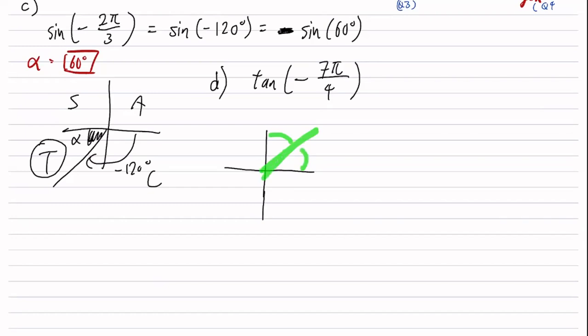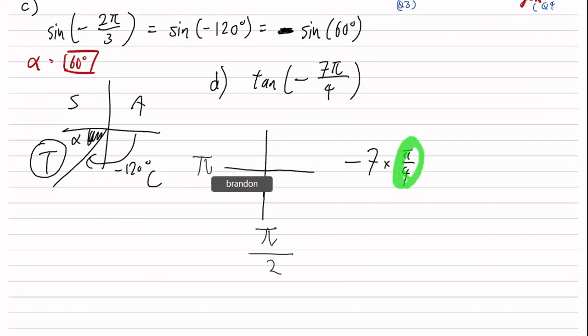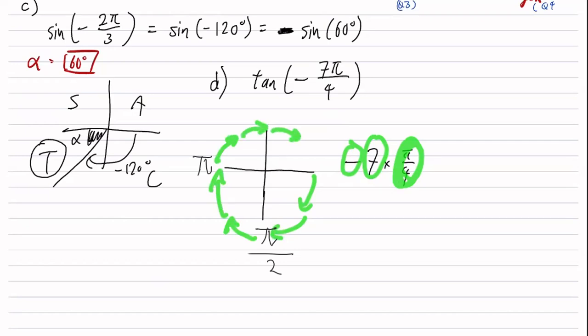This is 90, so that's 45, 45. So when we say negative 7 of these pi over 4, you can think of it as taking 45 degree turns 7 times clockwise. So 1, 2, 3, 4, 5, 6, 7 here.